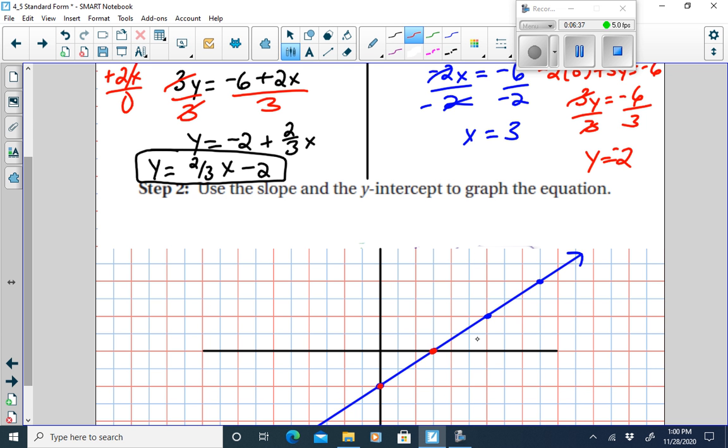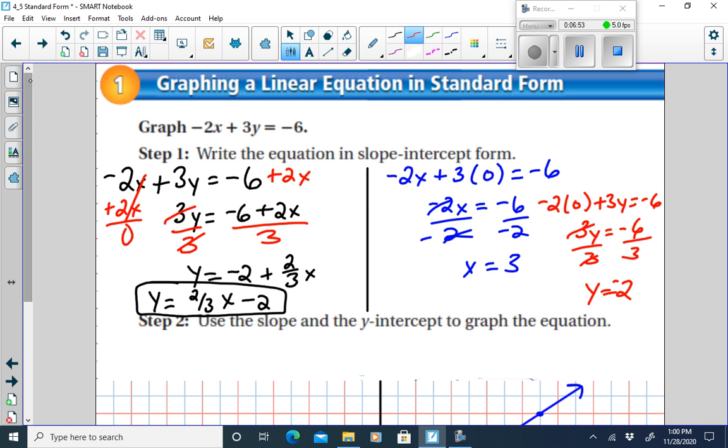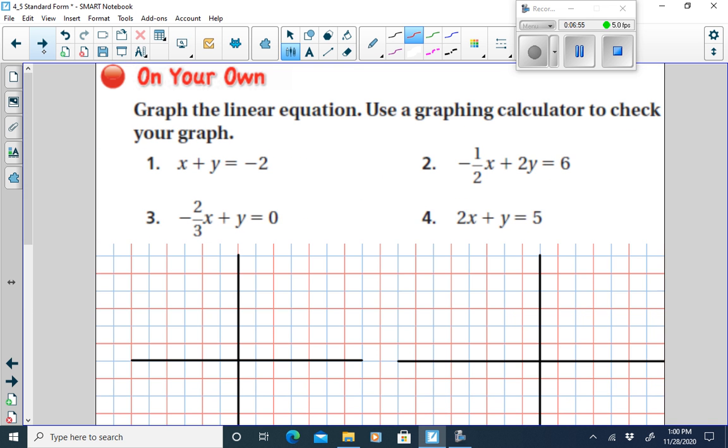Right, so we're going to have 2 different methods that we can use to graph the equations. We can graph equations using the slope and the y-intercept, but that means we have to rewrite the equation in slope-intercept form, or we can use the x-intercepts and y-intercepts. Right, so let's continue. Now, this next page says, on your own, we want to graph the equation using a graphing calculator to check.